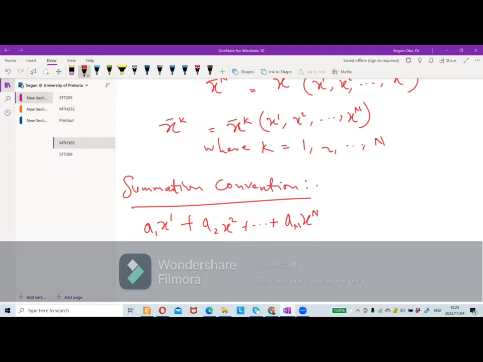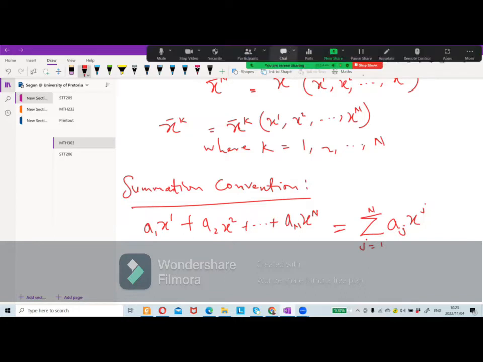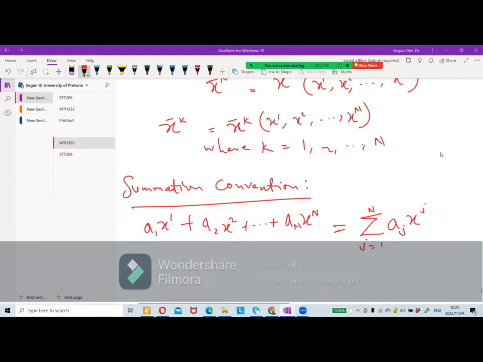We can use the short notation by calling it the summation of j equals 1 to n, aj x raised to power j. You can see we can write it in this form. That is, when j is equal to 1, you have a1 x1. Are we together? Yes, sir. Okay.